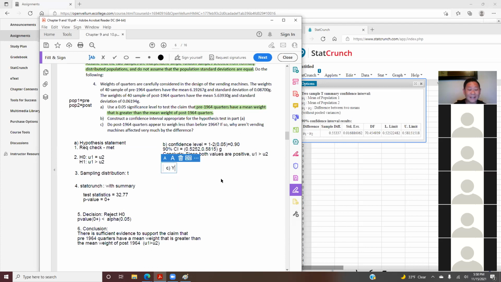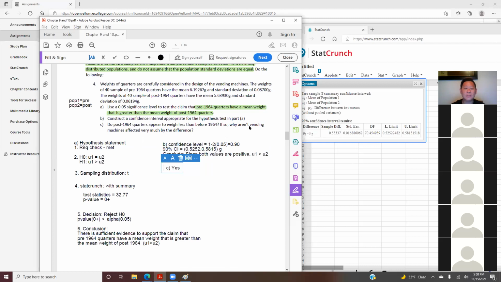The answer in this case is yes. Sometimes your online homework likes to do that. Instead of you reading pre and then post, they flip it around. And in this case, yes, if you read backwards, mu2 is less than mu1. Mu2 in this case is your post, and your post is less than your pre.